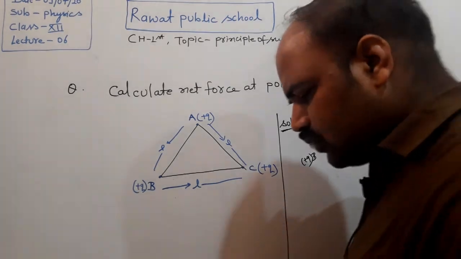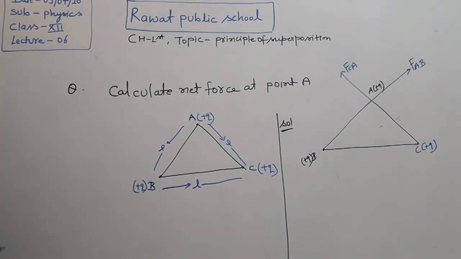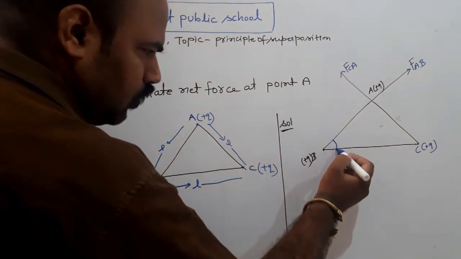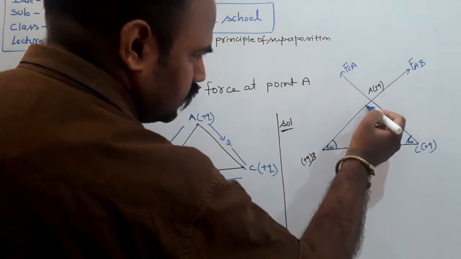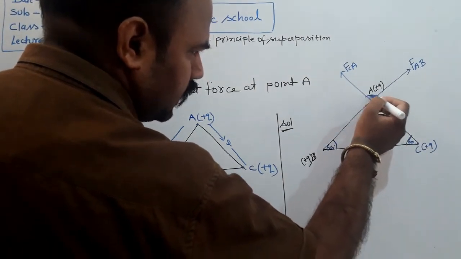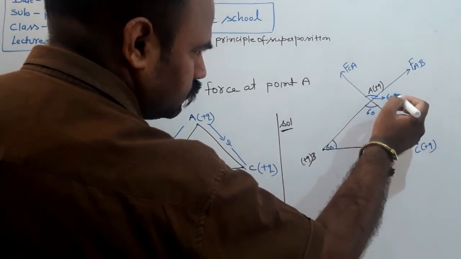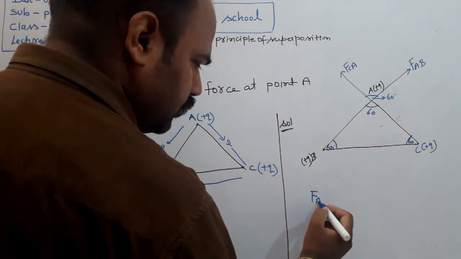So what is our first rule? Draw the direction of force. So done. And this is an equilateral triangle, which means all angles are 60 degrees. This angle is 60 degrees. Step 2, calculate their magnitude. So what is the force between A and B?